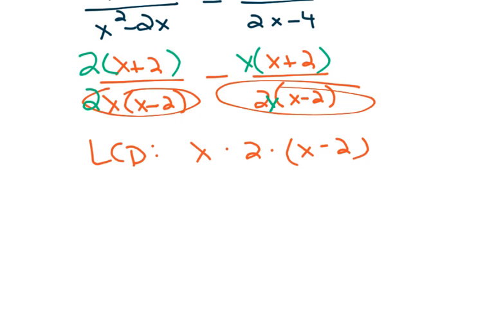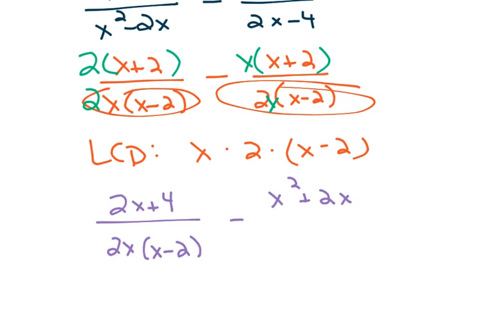So I'm going to start by this. I'm going to distribute the numerators. I'm going to get 2x plus 4 in the first numerator. And I'm going to get x squared plus 2x in the second numerator. All right. This minus sign, you're going to have to pull off the plus a negative.